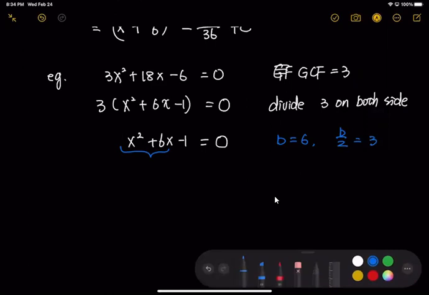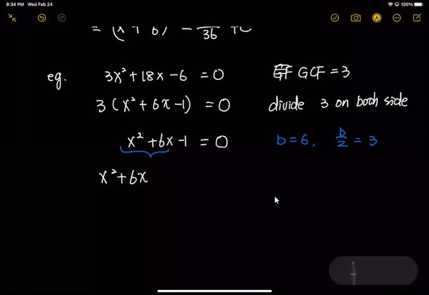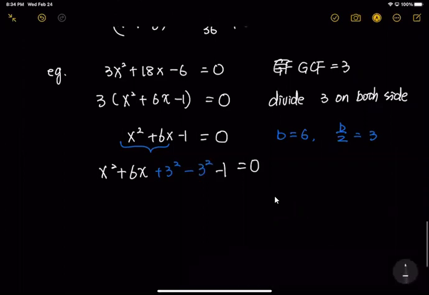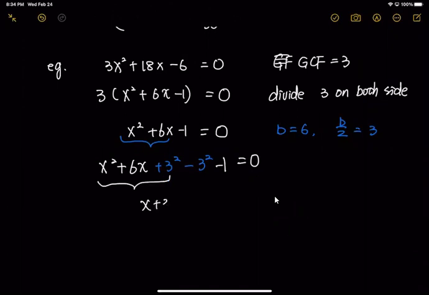Okay, so that means I want to add 3 squared and then subtract 3 squared. Don't forget minus 2 equals 0. And the first 3 terms are equal to x plus 3 squared. We simplify what remains, which is -9 minus 2 is -11, equals 0.